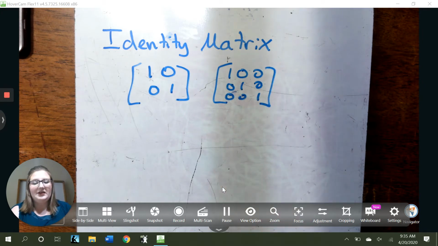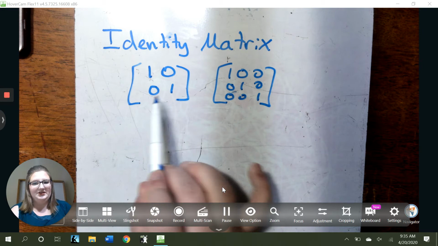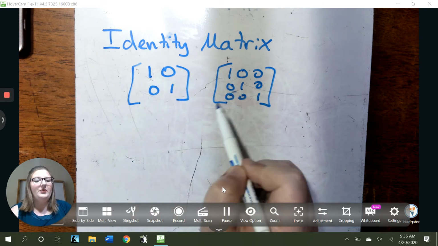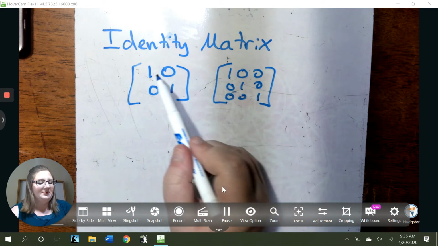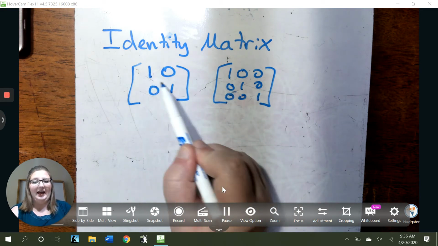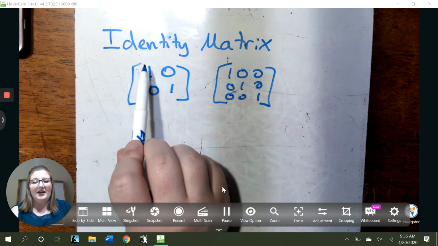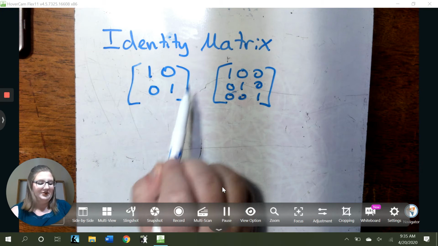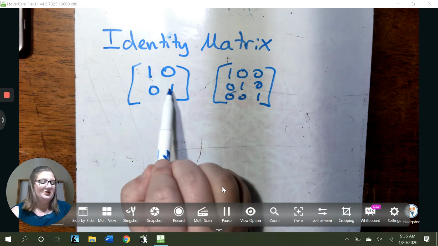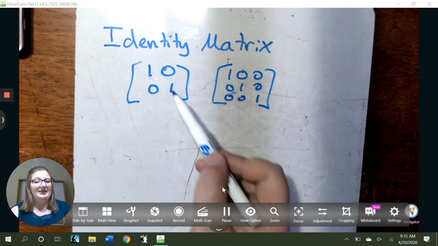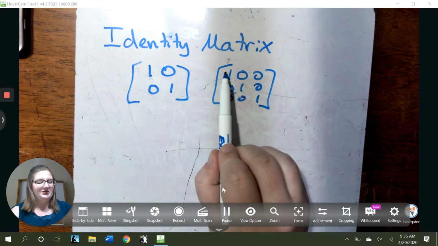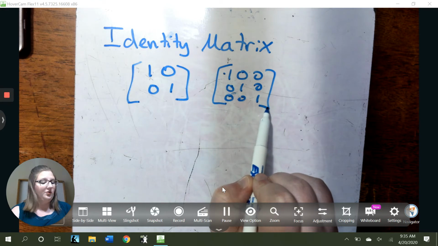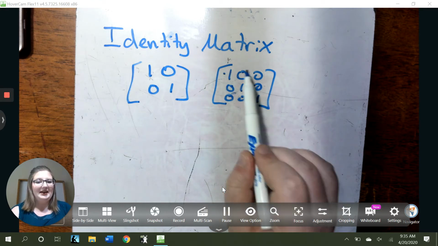I want you to notice with both of these matrices that there are zeros all the way around the matrix except along this main diagonal. If you start in the top left corner and move to the bottom right corner, along that line there should be only ones, and everywhere else is zeros.